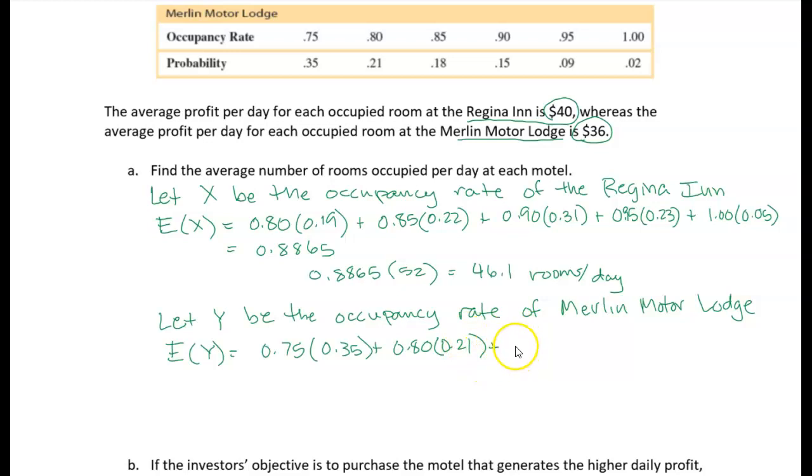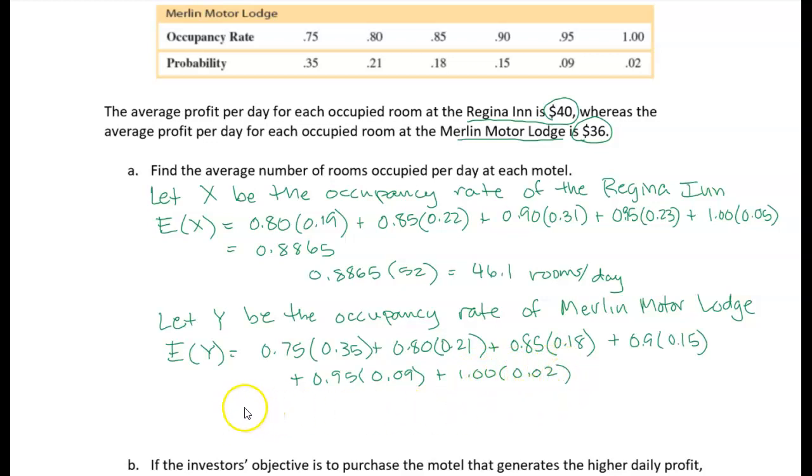And 0.85, 85% of the rooms, are occupied 18% of the time. 90% of the rooms are occupied 0.15, 15% of the time. We got 95% of the rooms occupied 9% of the time. And then we have 100% of the rooms occupied 2% of the time, 0.02.